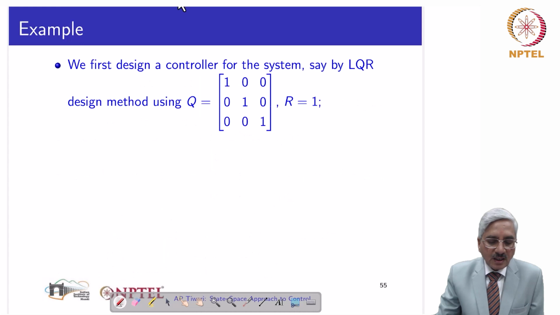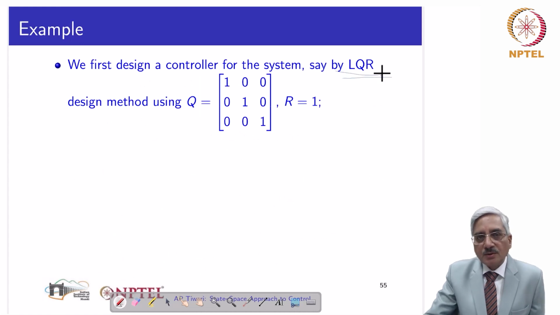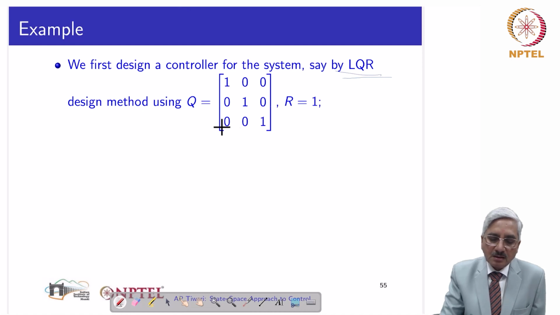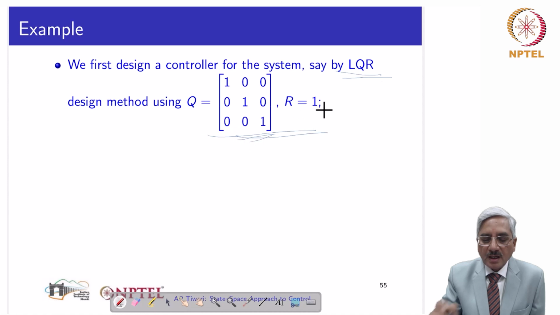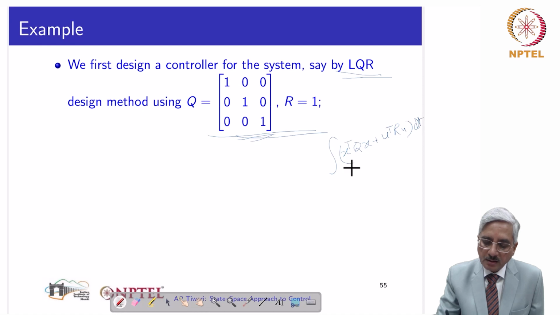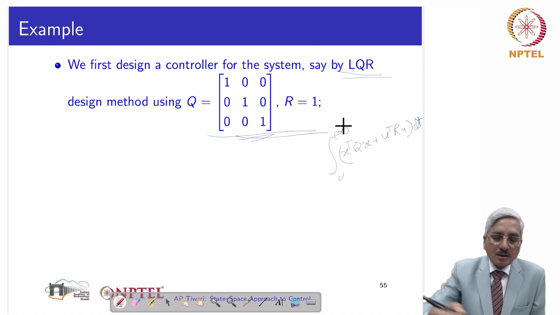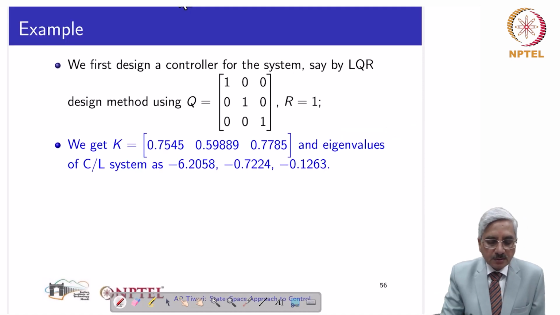So we first design a controller, say by using LQR. One can use pole placement also, but here in this example, using this Q and R in the quadratic performance index, integral of X transpose QX plus U transpose RU dt from 0 to infinity, we design a controller and get K equal to this.